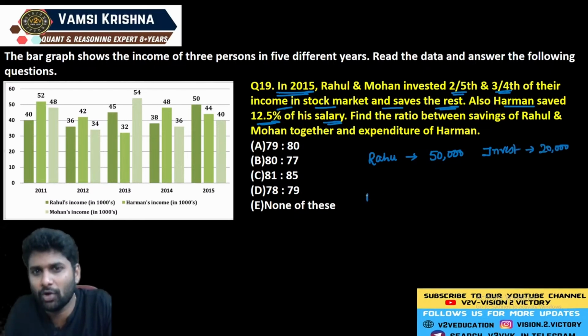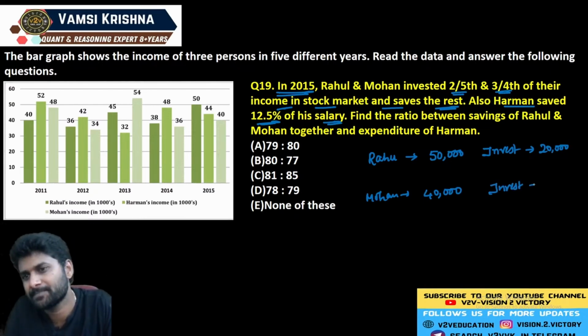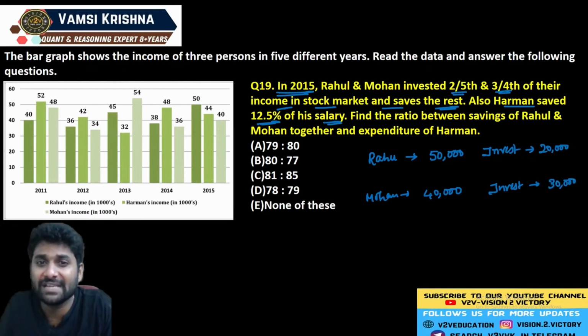Take the other person, Mohan. What is Mohan's income here? In 2015 Mohan's income is 40,000, and they clearly mention that he invested 3/4. So definitely the investment is exactly equal to 30,000. Another point: Harman saved 12.5 percent of salary.